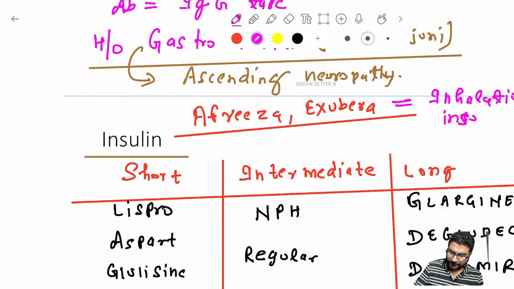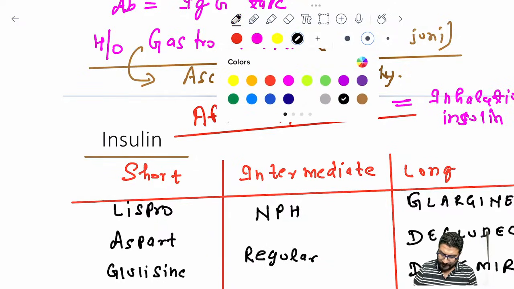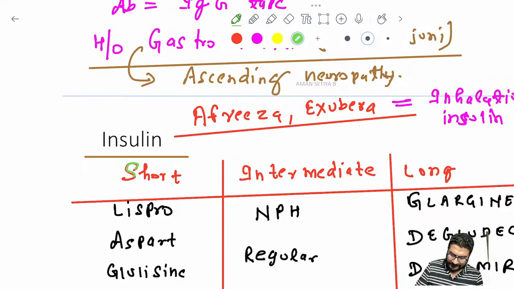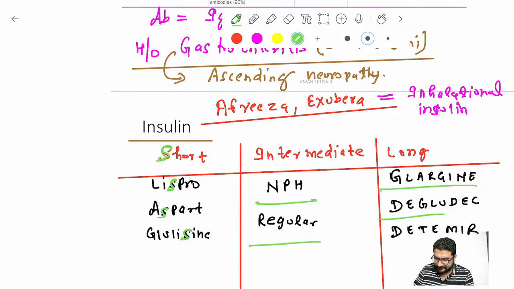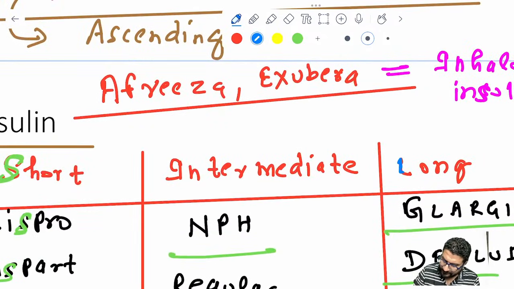What they ask is short acting, long acting. Look at the screen carefully. Lispro has S, Aspart has S, glulisine has S. If you look carefully, there is no S in the long ones. Large means long, these are synonyms.